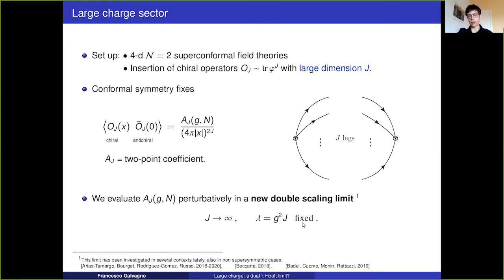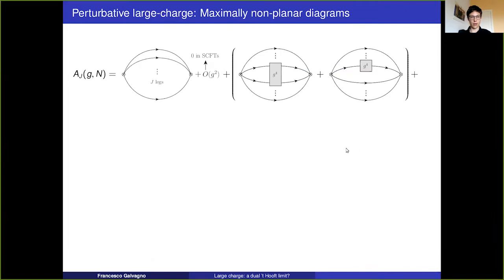So this is quite similar to the usual large N limit, but in this case, it is the dimension that goes to infinity. This limit has been investigated in several contexts recently, also in non-supersymmetric cases, as we see from this list of papers.